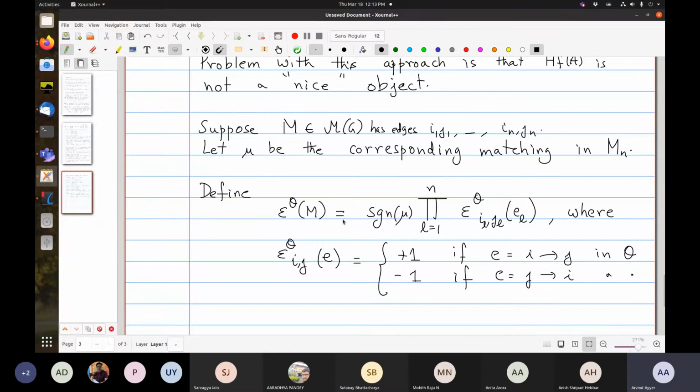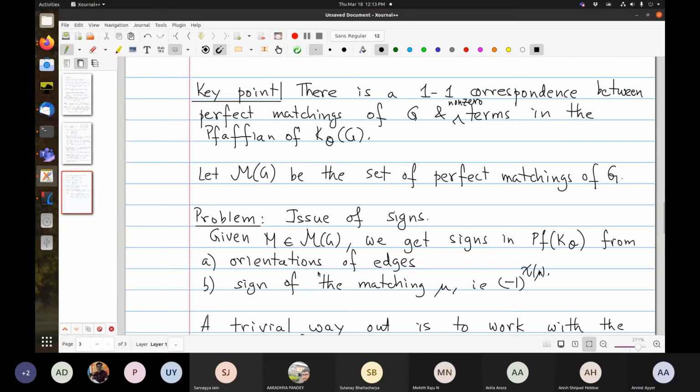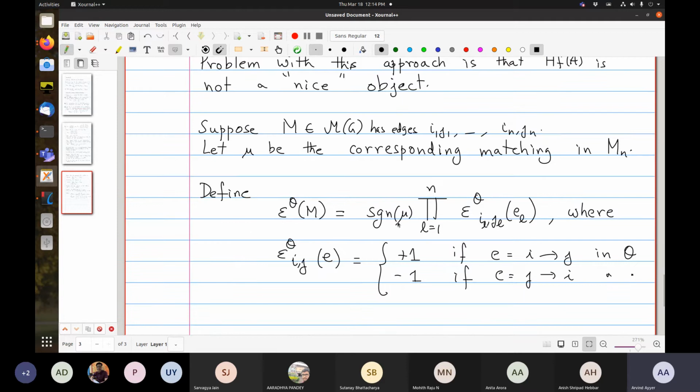So what we have done is to separate out the signs from the edge orientations and from the sign of the matching. This is the sign of the matching and this is the edge orientation.